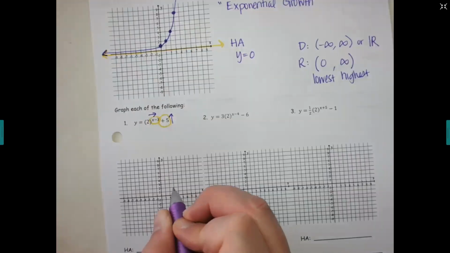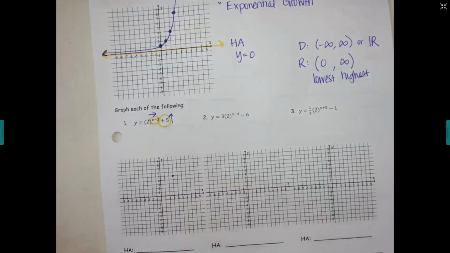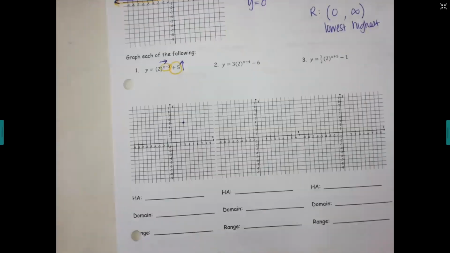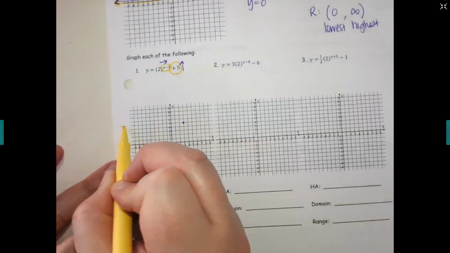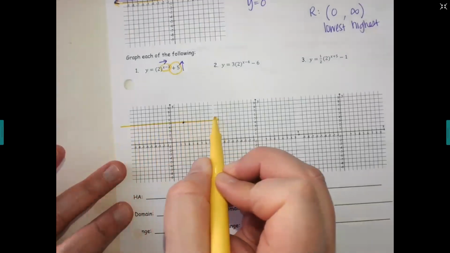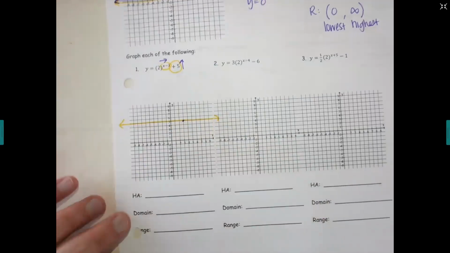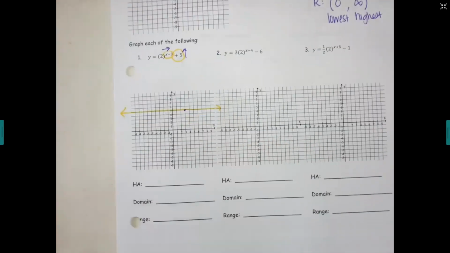1, 2, 3, 1, 2, 3, 4, 5. And in that dot, you're gonna draw your new horizontal asymptote. So now I cannot touch what y value? 5. Now notice the 3 moves the graph side to side, but it doesn't actually affect where the asymptote goes.